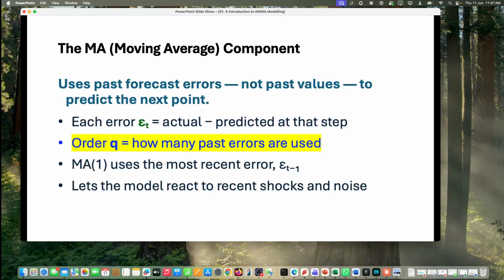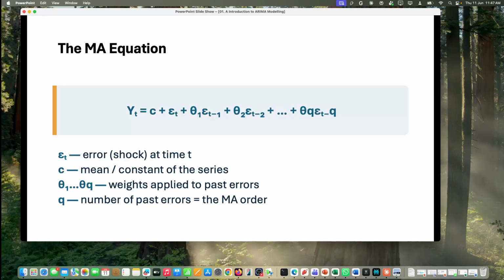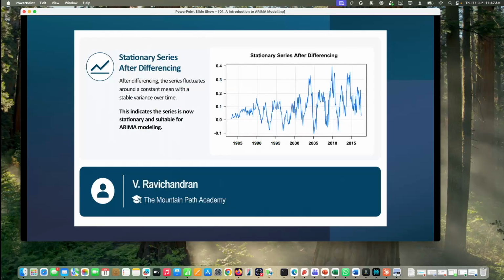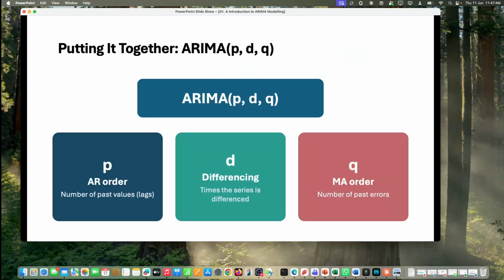So the basic ARIMA model consists of AR, D and MA, that is p, d, q. If you write the MA equation alone, it is a constant term, an error shock epsilon t today, plus theta 1 into epsilon t minus 1, theta 2 into epsilon t minus 2, and so on. So the ARIMA model consists of the AR and MA components, and D is how many times we use differencing.